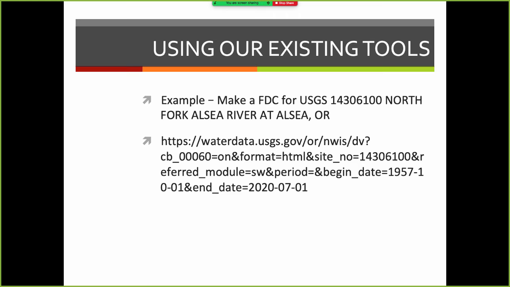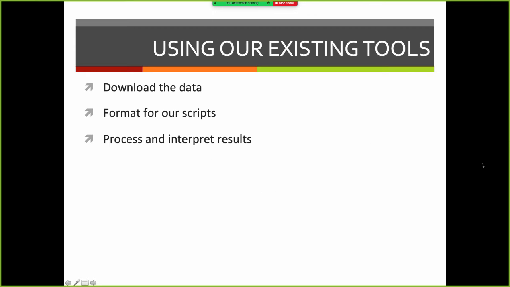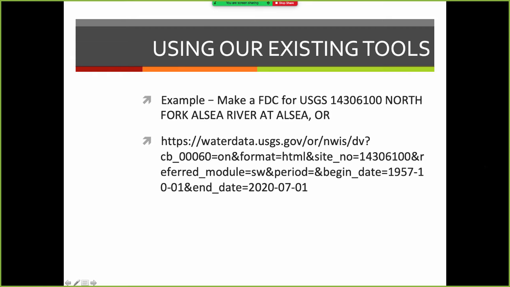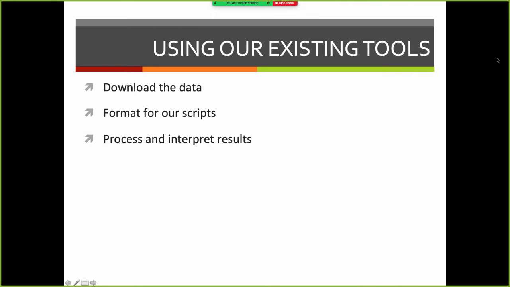And we're actually going to look at the North Fork of the Alsea River, Alsea, Oregon. This URL should be the query that would generate the data set that I'm going to show you. So first we have to download the data, then we're going to have to format it for our tools, and then we'll process and interpret the results.